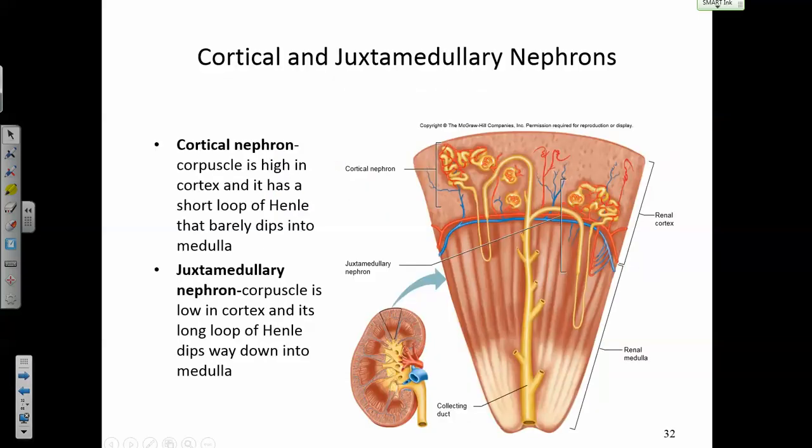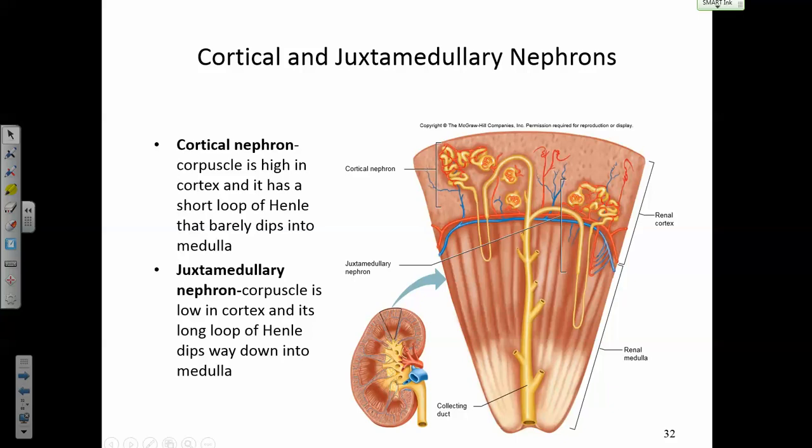All right. So we've looked a whole lot at the structure of a nephron, but there's basically two kinds of nephrons: a cortical nephron, and then here's that prefix again, juxtamedullary nephron, which has nothing to do with the juxtaglomerular apparatus. It just has the same prefix that means next to. So evidently, I guess the same person named both of those structures.